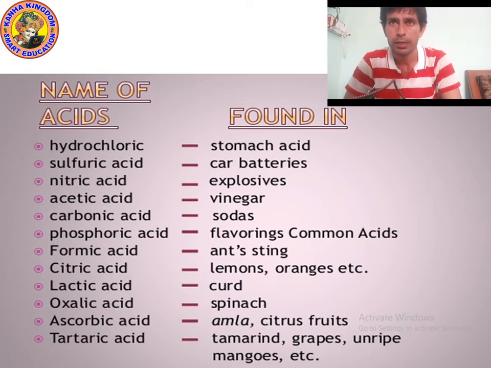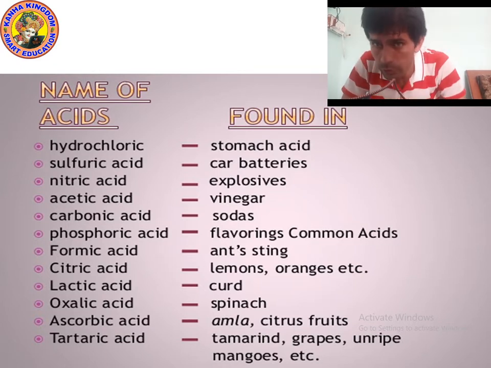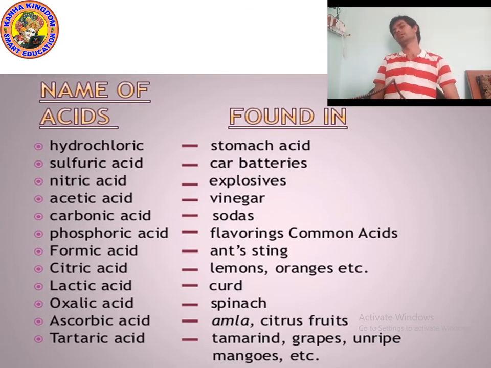Acetic acid, I already told you about acetic acid. Vinegar has acetic acid. Soda. You know, Mountain Dew, Pepsi, Thums Up, 7 Up, they all have which acid? Carbonic acid. Soda means carbonic acid. In soda, which acid is found? Carbonic acid.